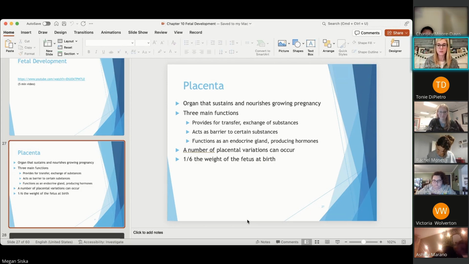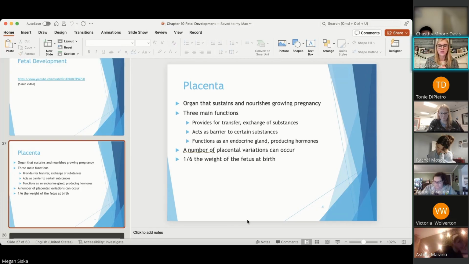It is the life sustaining organ for this baby. It also is a barrier to certain substances. It cannot keep everything out, but it does act as a barrier to a lot of things. And it functions as an endocrine gland and produces hormones, estrogen and progesterone. So it is its own little factory.